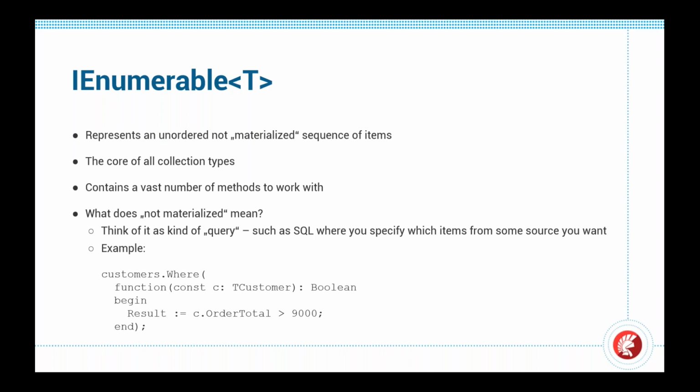Like if you specify an SQL statement, you just say, okay, give me these customers where their order total is higher than 9,000, and then you specify this SQL statement. But having this SQL statement doesn't mean you already have this customer data. Only if you execute your SQL statement, you might get the results you want. And it's the same with the Enumerable and, for example, the Where method.